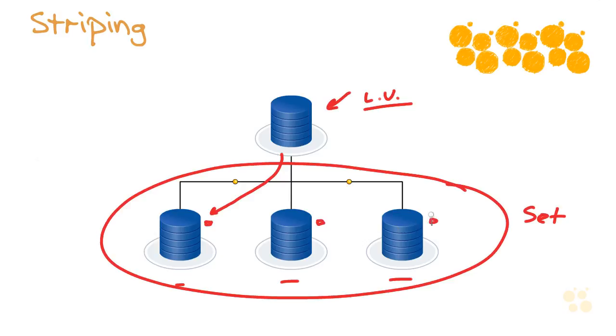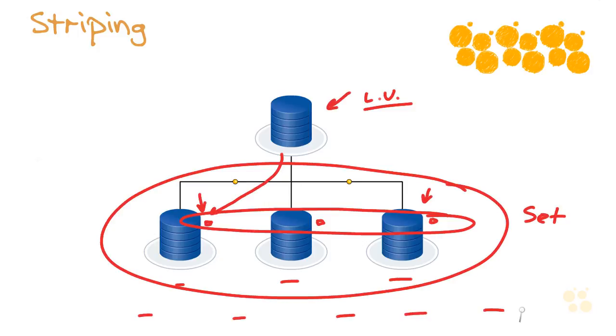As a matter of fact, we call this piece of information that we're writing a chunk. And then this row of chunks is what we refer to as a stripe. Obviously, we're going to have a particular stripe size, an amount of information that is striped across the disks, and how many physical disks we have in the RAID set is going to give us a particular stripe width.